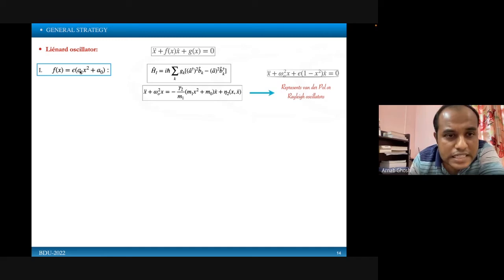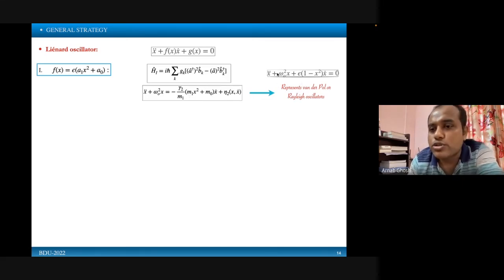As I mentioned, if f of x is of the form a1 x square plus a0, which corresponds to the van der Pol, and Rayleigh has a different substitution, this is the standard van der Pol oscillator. We can obtain this starting from this interaction Hamiltonian, because from it we eventually end up with these equations, where we choose M1 and M0 such that it corresponds to the standard form of the van der Pol oscillators.